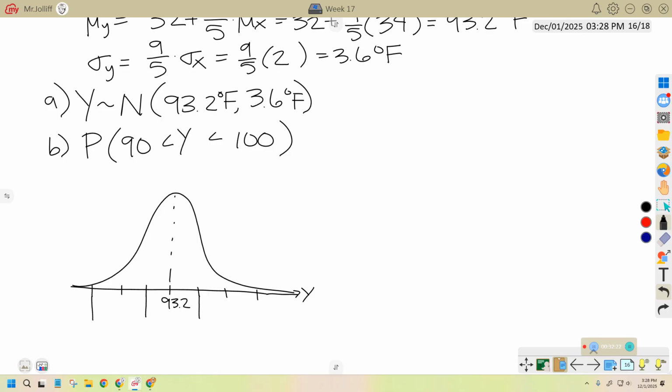I'm going to drop some of these down because I'm going to get crowded in here. I'm adding 3.6 going forward. I'm subtracting 3.6 going back. So 3.6, 96.8, 100.4, 104. Please, somebody check my math.